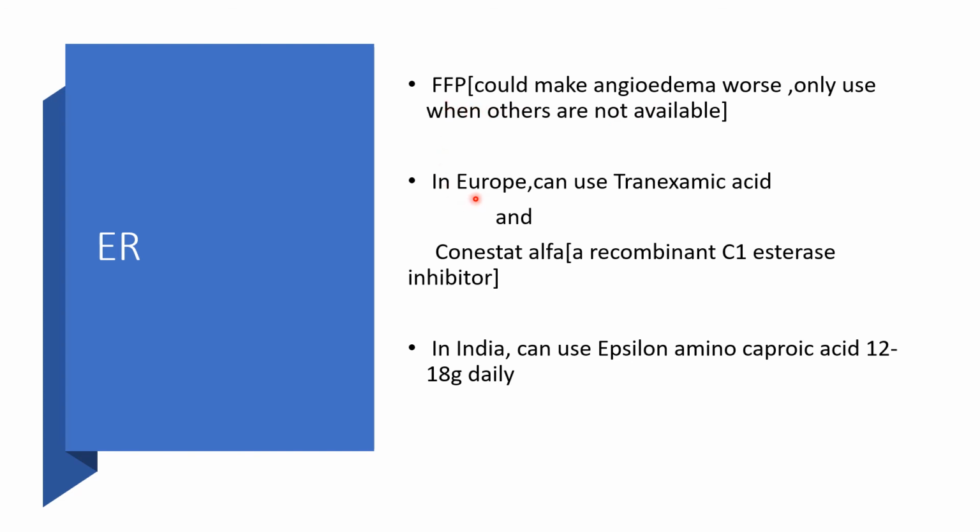In Europe, you can make use of tranexamic acid and conestat alfa. Conestat alfa is a recombinant C1 esterase inhibitor. That's pretty good, right? In India, you can use epsilon aminocaproic acid, and some give this at 12 to 18 grams daily.